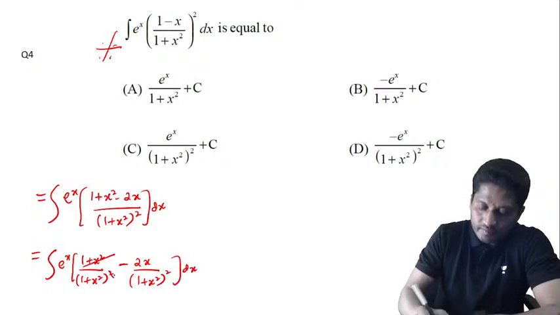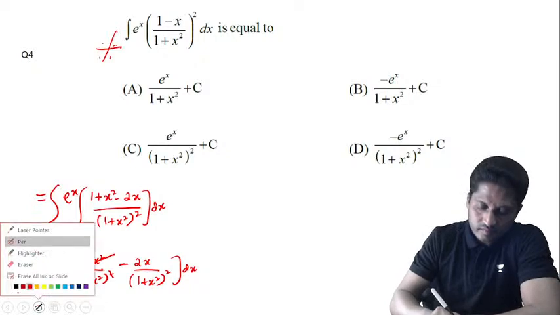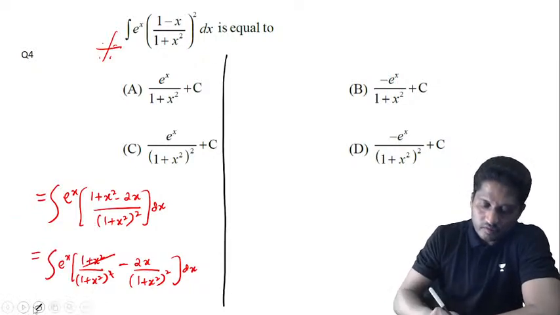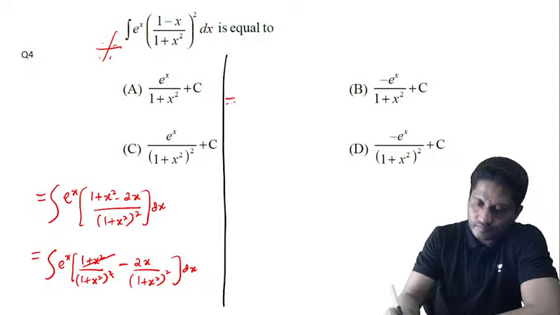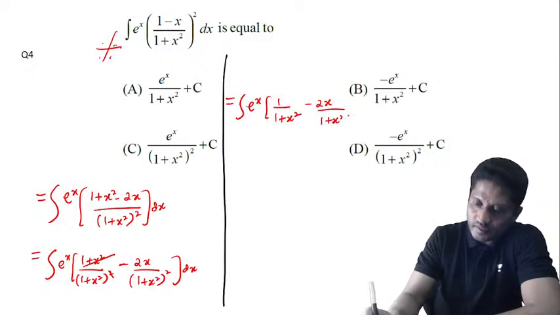This 1 plus x square will cancel with the square. So this is equal to integration of e power x into 1 by 1 plus x square minus 2x divided by 1 plus x square the whole square.